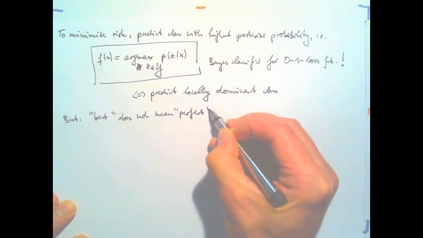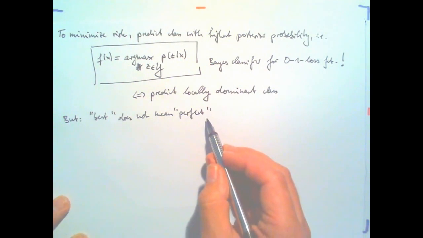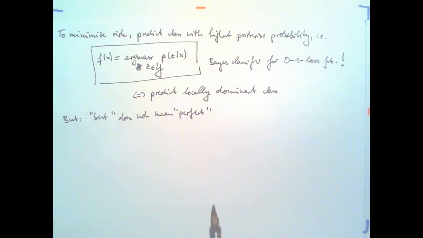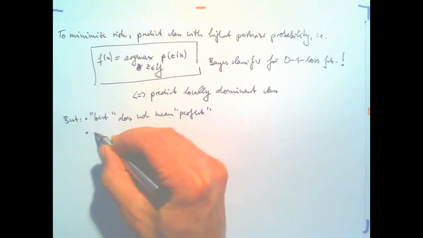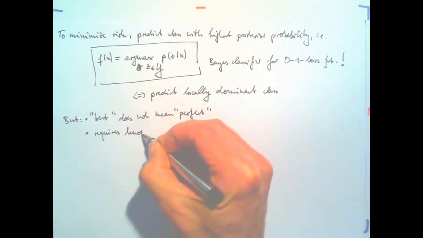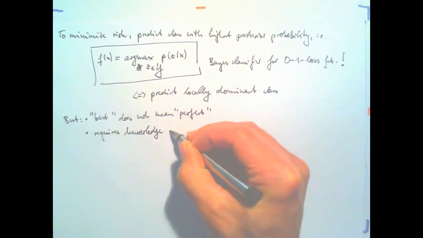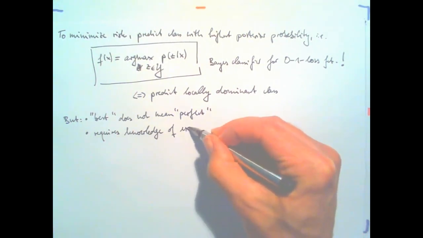We have found the best classifier, but this need not have an error rate of 0. There's nothing in our equations that tells us that the risk should be 0. And secondly, it requires knowledge of all the exact densities that enter the equations.